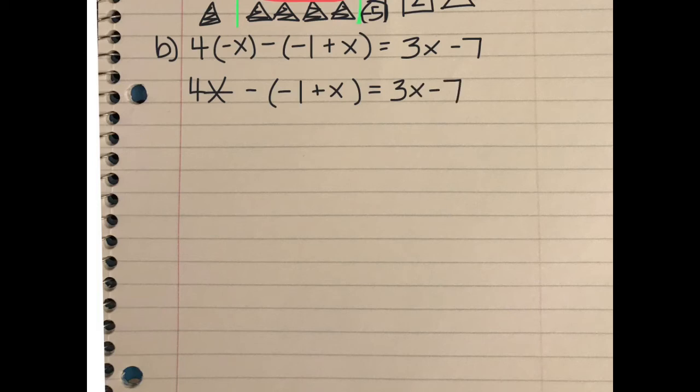And by doing that, that just gives you something that's a little more familiar to your eyes. So now you can go directly into your translating. You know you have 4 stars.